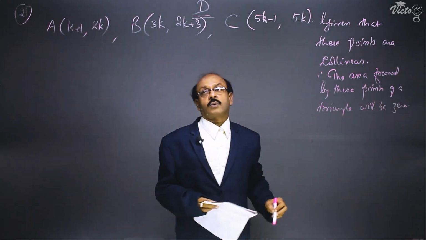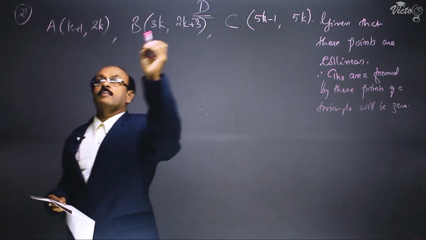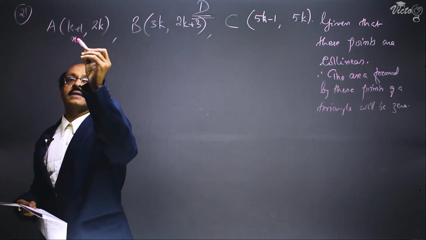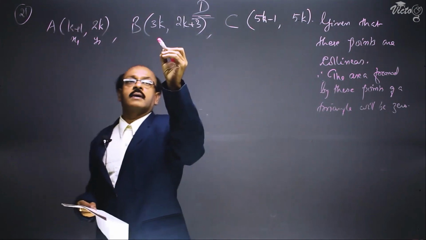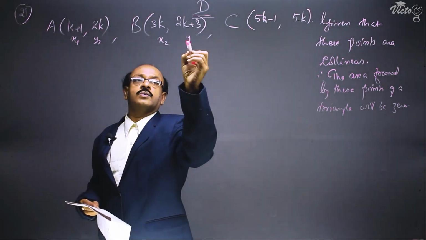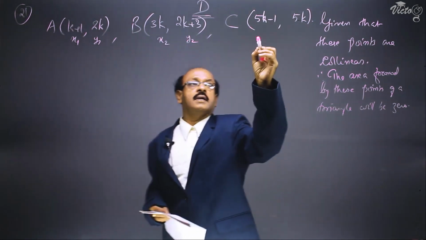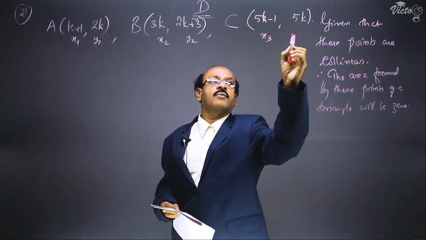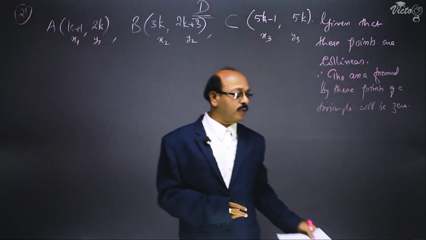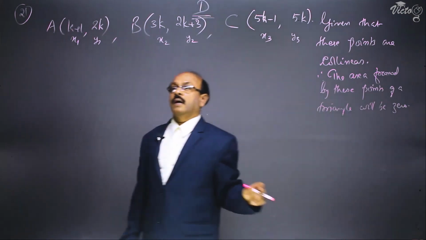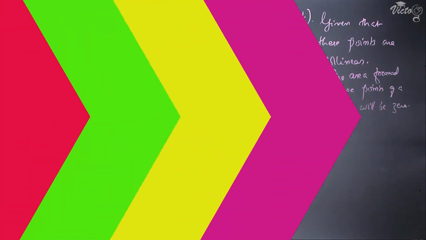Area will be 0. Let us mark these as A (x1, y1), B (x2, y2), and C (x3, y3). These are the 3 points and their coordinates. Area is equal to 0.